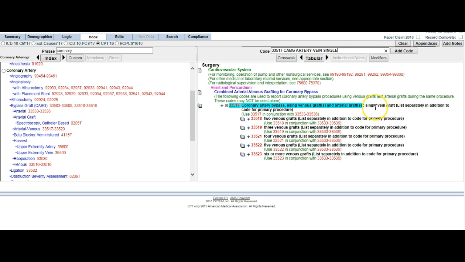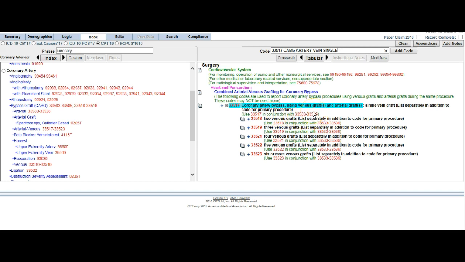So we have a single vein graft listed separately in addition to the code for the primary procedure. So this is an add-on code. This code should be used in addition to the code for the coronary artery bypass, which is the very first code that we saw first. And in parentheses, it's telling us use this code in conjunction with this code.